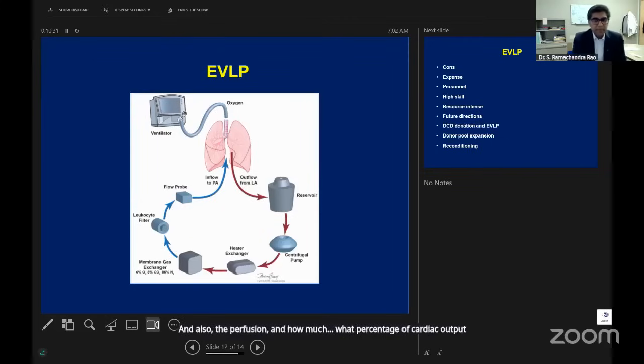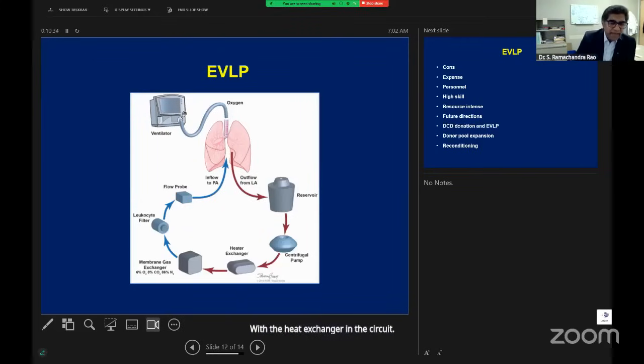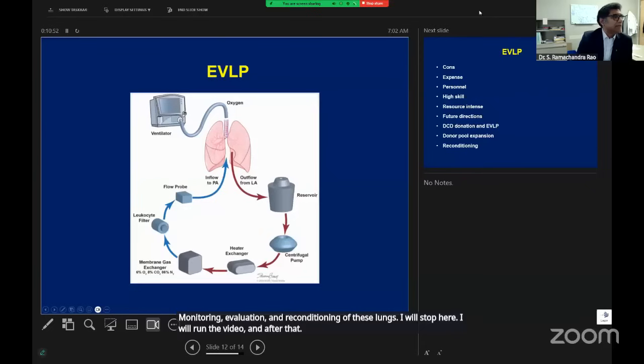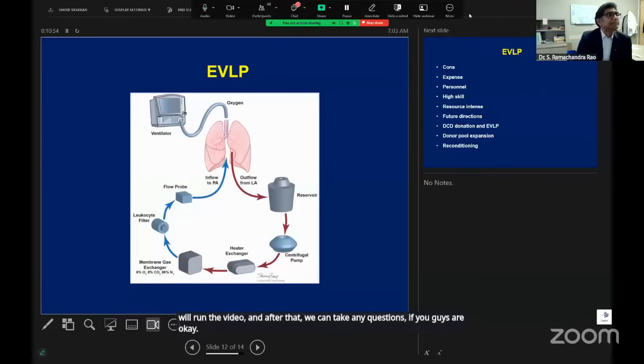And like he rightly pointed out, with the heat exchanger in the circuit, it's not a cold static preservation anymore. It's a normothermic dynamic, not only preservation, but active real-time monitoring, evaluation, and reconditioning of these lungs. I will stop here. I will run the video, and after that, we can take any questions if you guys are okay.